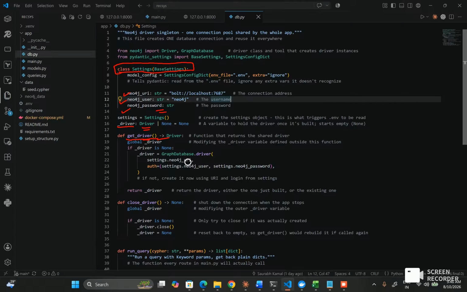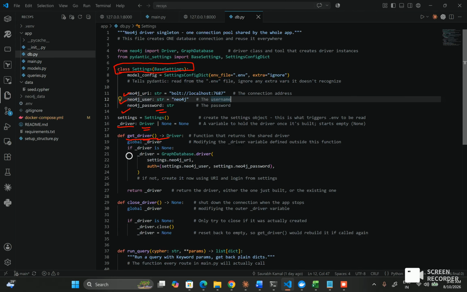If yes, just hand back the same one. If no, build it once right now and remember it for the next time. Make sense? That's what stops the app from opening a brand new connection for every single request, and that would be slow.